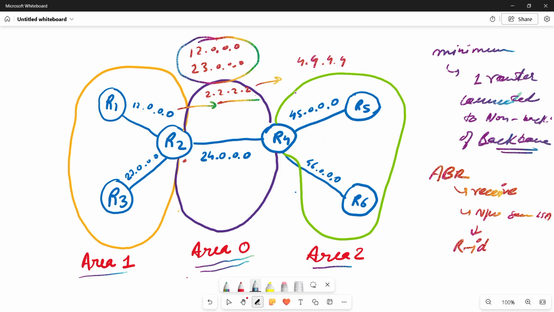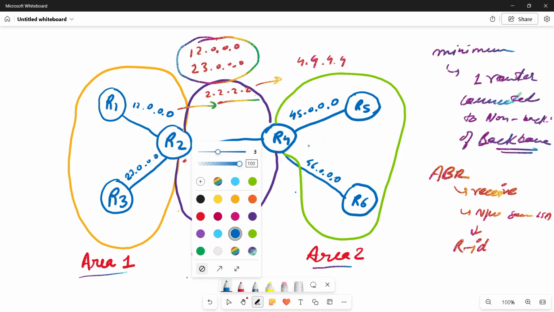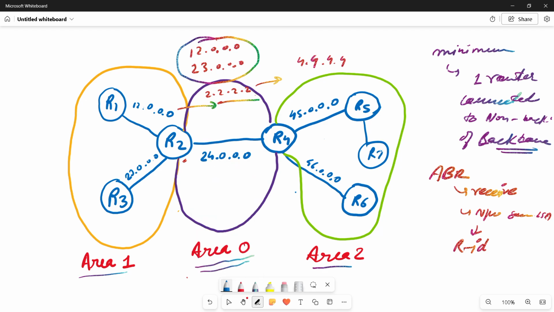As you can see here, R5 and R6 are not in the backbone area, but are connected directly to a backbone area router. Let's suppose I add a router here, my R7. The existence of R7 will be accurate here, as a minimum of one router is connected to the backbone area, right? So this is a strict requirement.